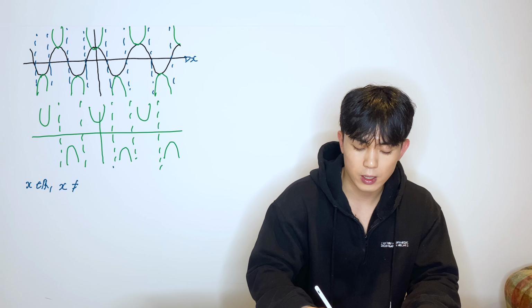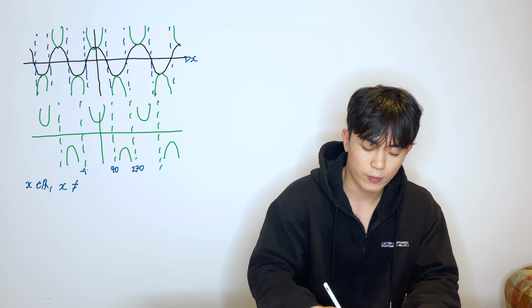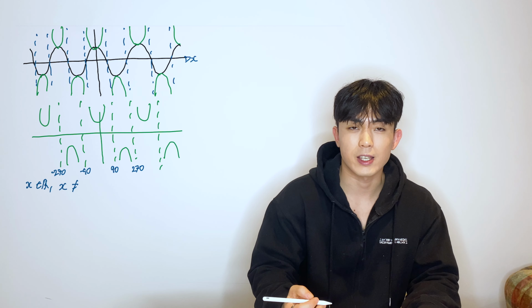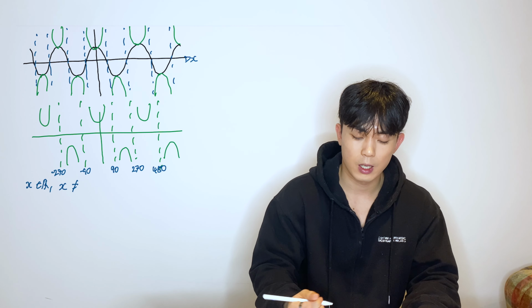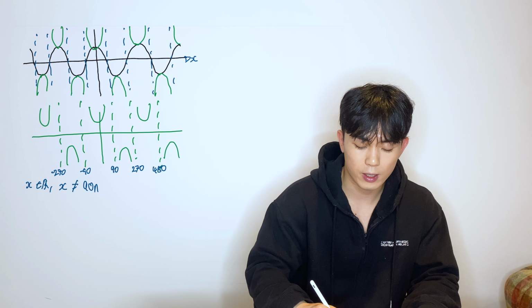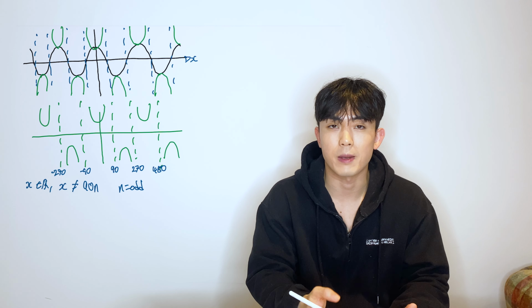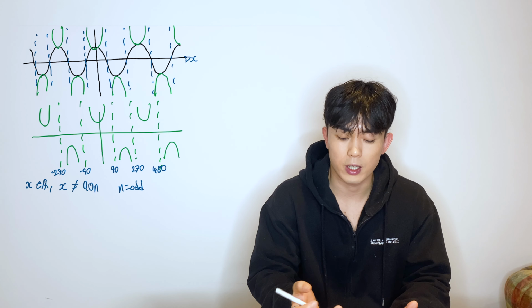So this will be when x is 90, 270, minus 90, minus 270. We're just adding 180 each time, so it's going to be 450 and so on. So the asymptotes are at 90n, where n is an odd number. So multiples of 90, but only for n odd. These are the values which x can't take.